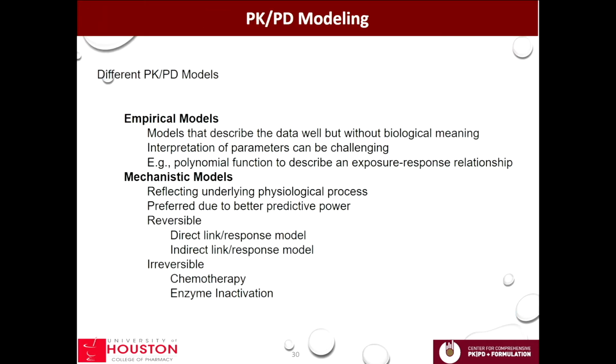Okay, for PK/PD modeling, I'll just give a few slides of the theoretical portion. That's an empirical model. But nowadays, more and more towards a mechanistic model that probably will have a better prediction. And for mechanistic, also have a direct link or indirect link. And for chemotherapy, often it's irreversible.